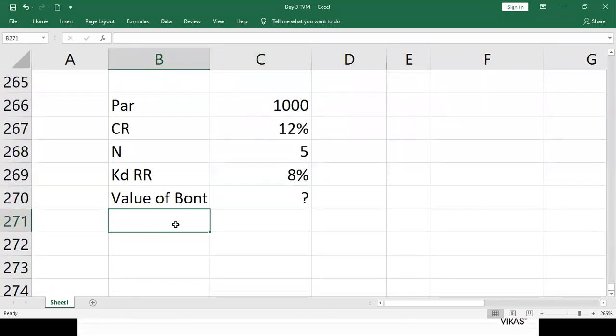And it pays interest. It's a semi-annual bond, right? Pays semi-annually. Pay interest semi-annually.